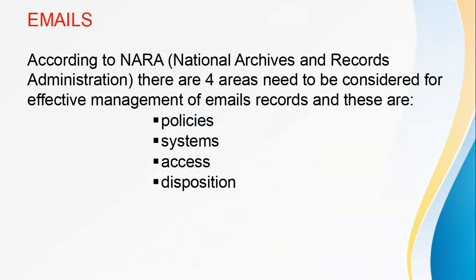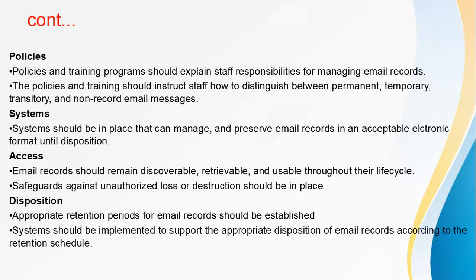So emails: according to the National Archives and Records Administration, there are 4 areas to be considered for effective management of email records, and these are policies, system, access, and disposition.